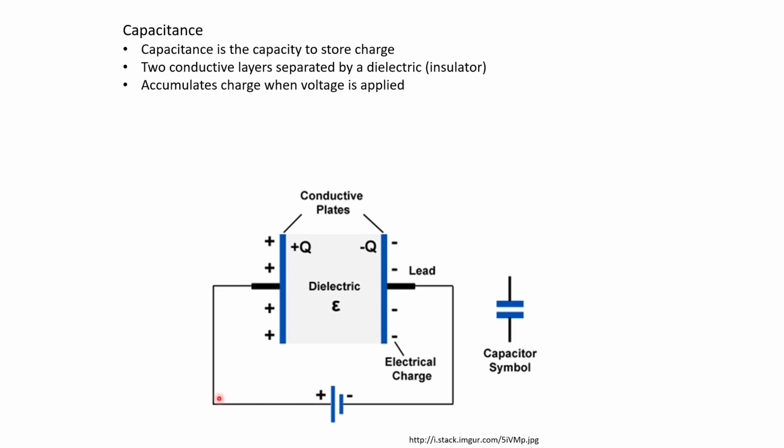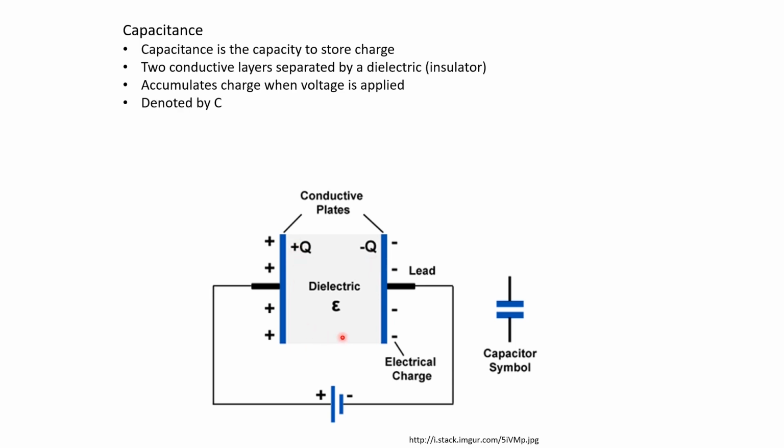So these positively charged particles will come and collect at this terminal of the capacitor. Of course, nothing can flow through the dielectric or the insulator. But whatever is the amount of current flowing in this direction, the same amount of current must be coming back. So if X number of positively charged particles have collected on this plate, the same number X of positively charged particles must leave this plate and move in this direction. In effect, we get a negative charge on this plate with the same amount as the positive charge on this plate.